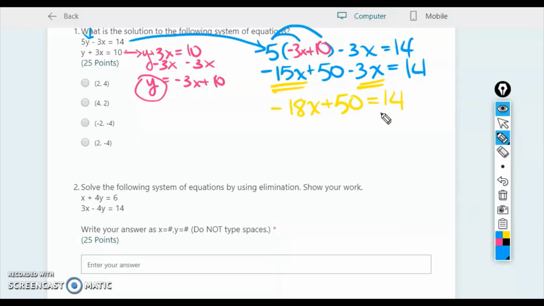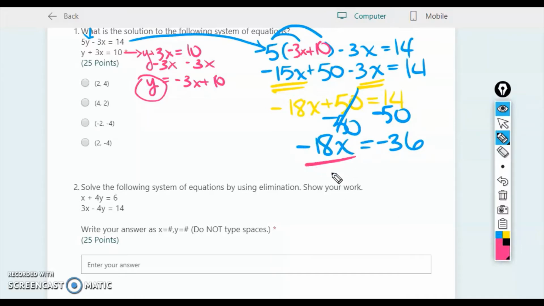This cancels out, and I'm still left with negative 18x. 14 minus 50 is negative 36. And then since this is multiplication, to get x by itself, I'm going to divide both sides by negative 18. And I get x equals 2.